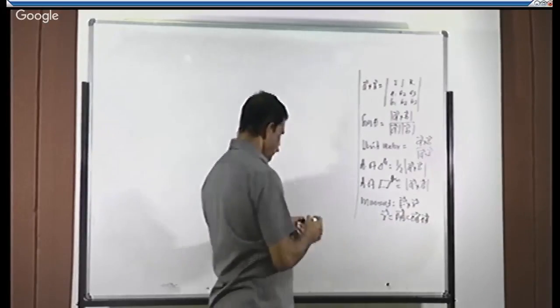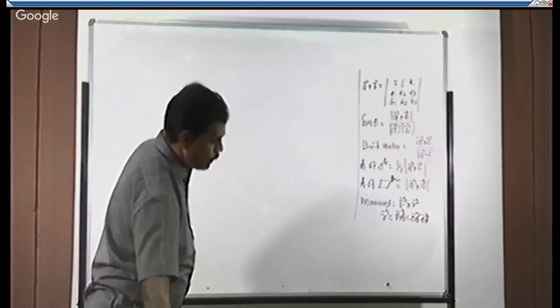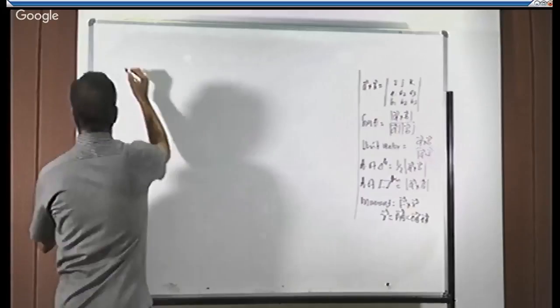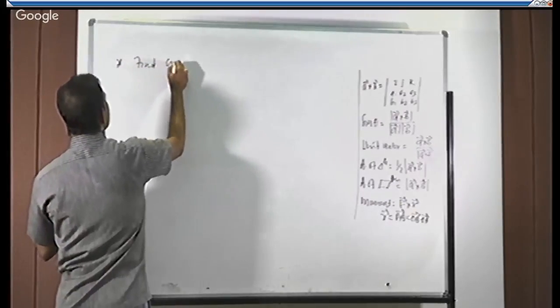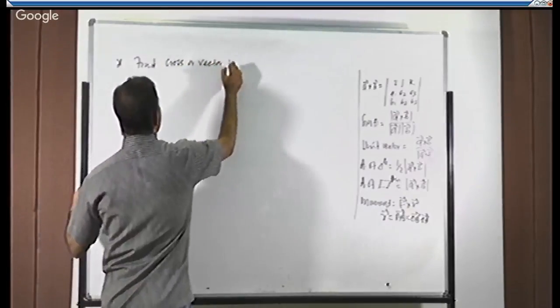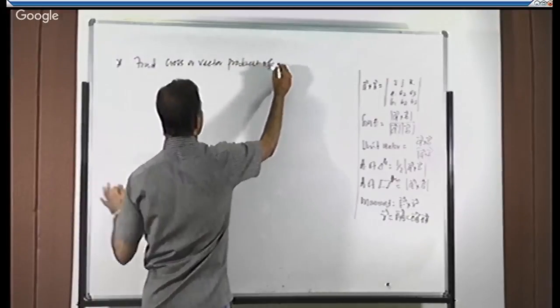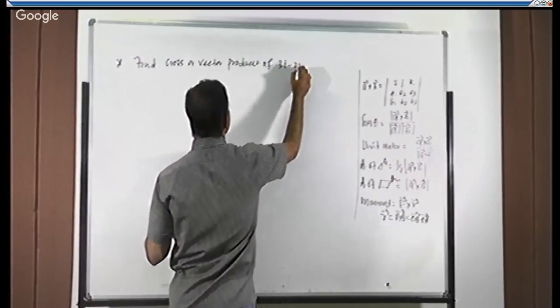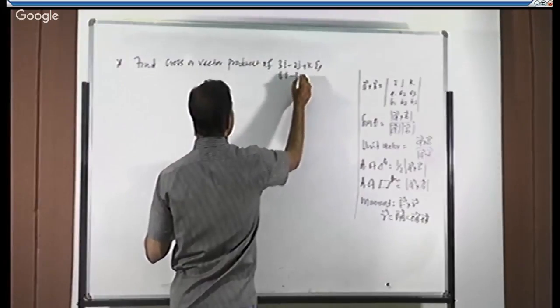Make the list of formulas, then take the problems. First problem: find the vector product of 3i minus 2j plus k and 4i minus 3j minus k.